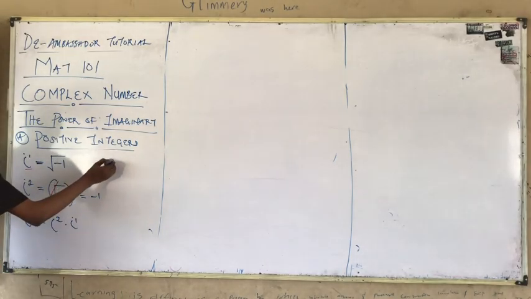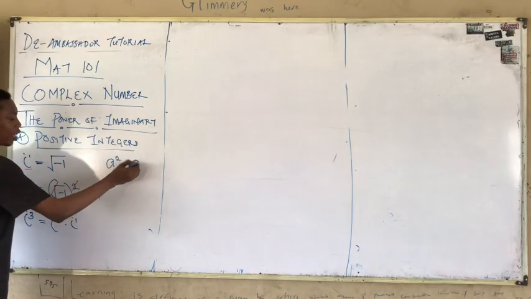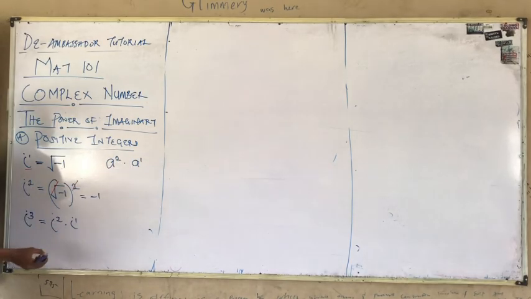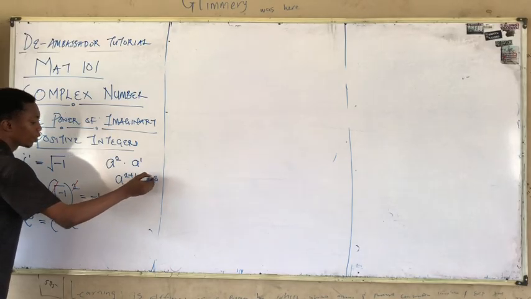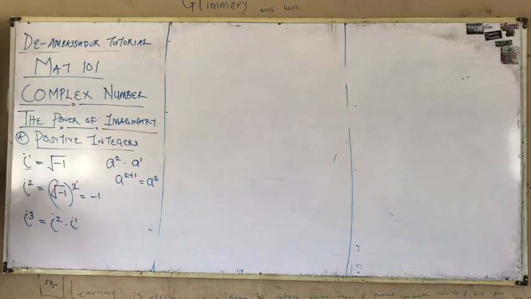It says that when you have a squared, then a, you can put here as 1. That's a to the 2 plus 1, a in the power of 3. But remember that this i squared is what? Minus 1. So what will I have? i cubed is now what? Minus i. Is that clear? Put that in mind.